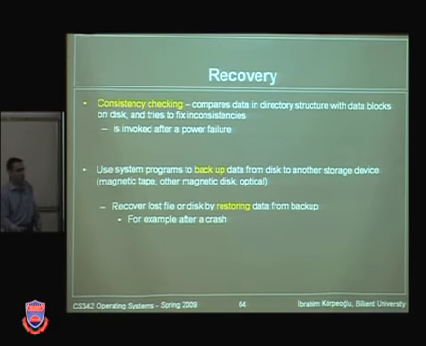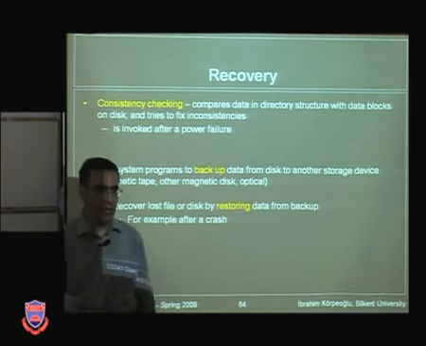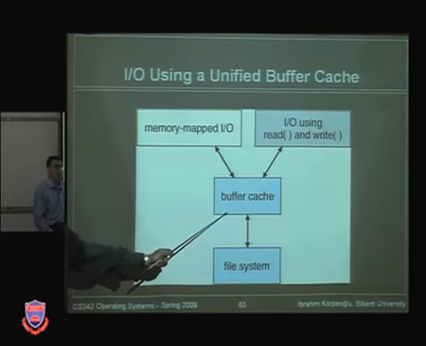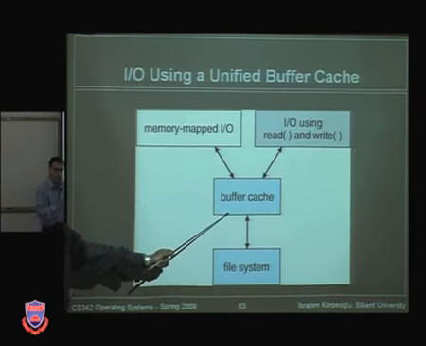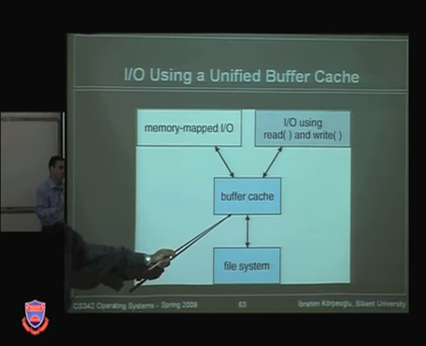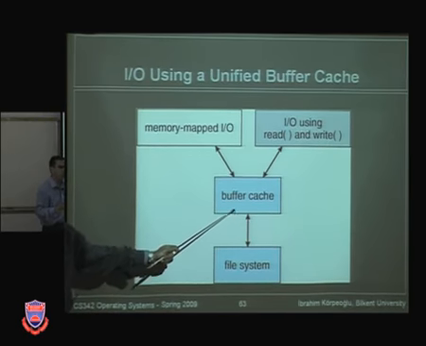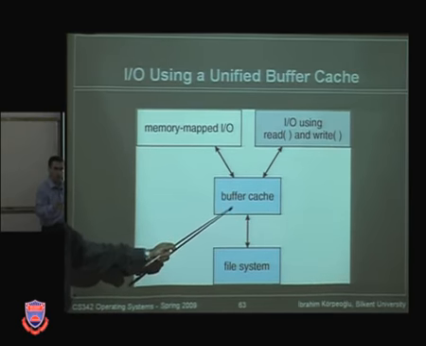If a power failure occurs, what can happen is that due to caching, some inconsistency may occur. Due to caching, what do we have? We have the buffer cache. The buffer cache can cache file data blocks, but it can also cache metadata. Inodes can be cached, directory entries can be cached, and so on. It may be okay to lose the data blocks, but it may not be okay to lose the inode information and so on.